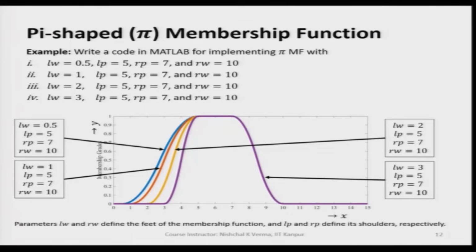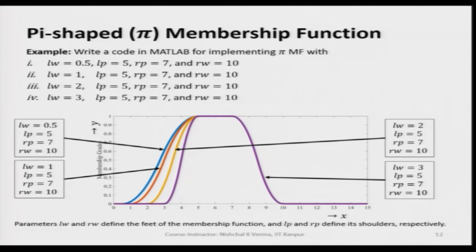This is done intentionally to make you understand what happens to the pi shaped membership function if we change Lw only, while the rest of the 3 parameters remain the same.